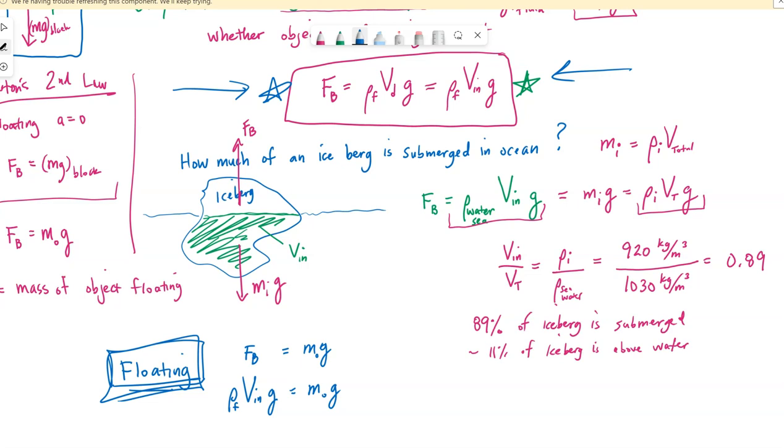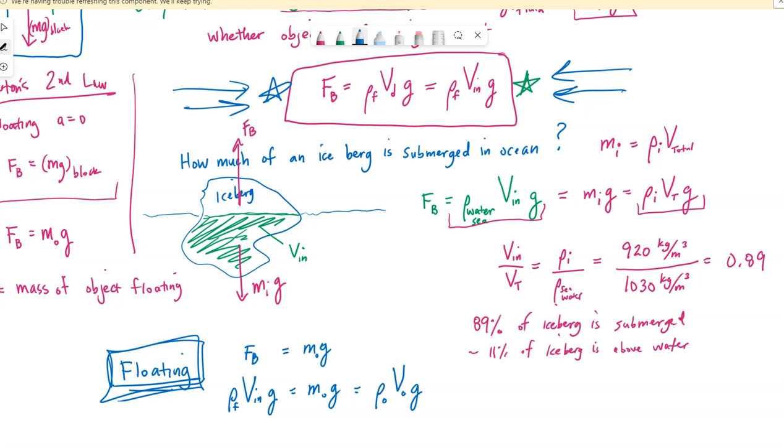And we can always write the mass of the object as the density of the material it is made of. So the density of the object, the volume of the object as a whole, times g. So our fundamental equation for buoyancy is density of the fluid, volume n times g.